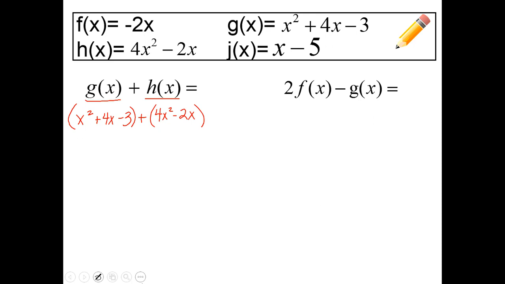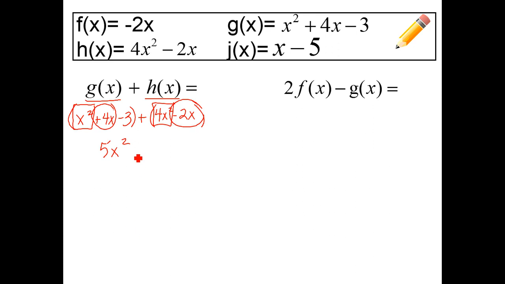You learned about this in Algebra 1. Simplifying means combining like terms. Here in our case, we're adding. So 1x squared over here will get added to 4x squared right here, making 5x squared total. Now let's look at our x's. Positive 4x plus a negative 2x makes 2x's, so plus 2x.